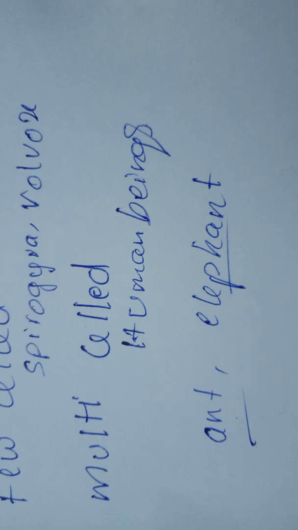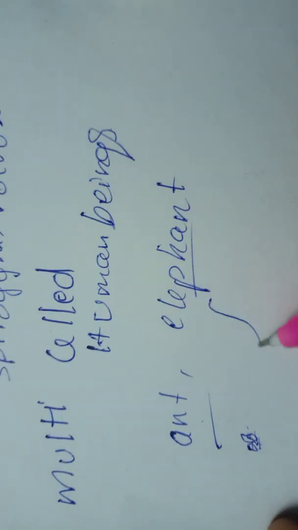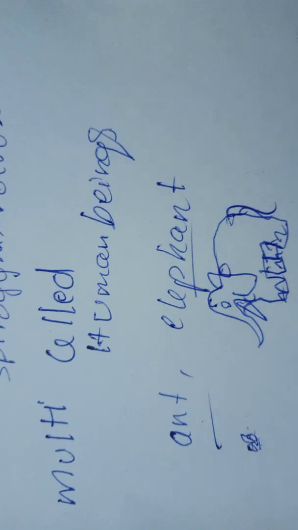How does the size differ? The reason: see, an ant is very small like this. Yes or no? You know, ant and elephant stories, many are there. And an elephant will be like this. When I was small, I used to draw this drawing. Elephant will be like this and ant will be like this.